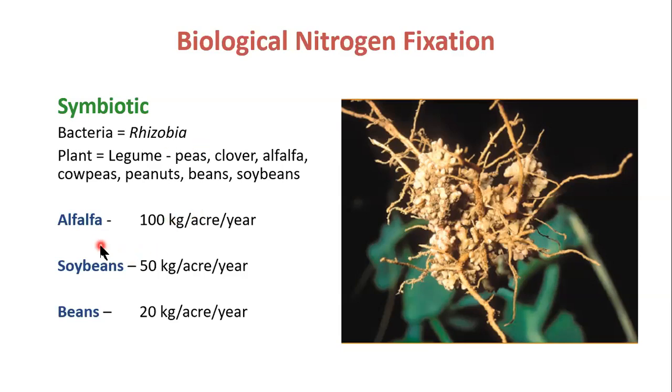For example, if we have alfalfa, the rhizobial species working with alfalfa can fix 100 kilogram nitrogen per acre per year. The rhizobial species with soybean can fix 50 kilogram per acre per year, and the beans, that is relatively less, that is 20 kilogram per acre per year.